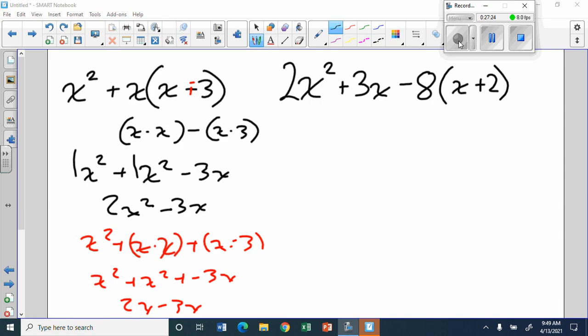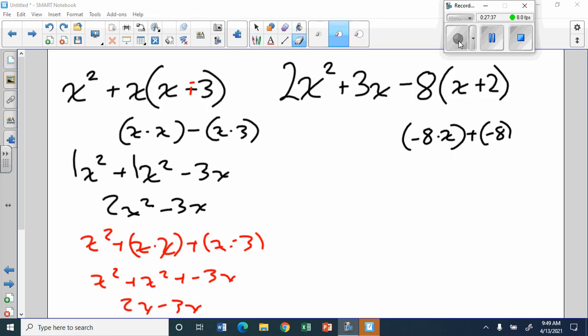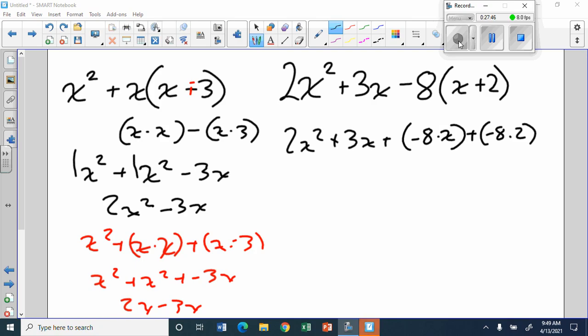So, take a look at this one. Nothing happens, nothing happens. Let's just focus on here right here. I'm distributing negative 8. So, negative 8 times x plus negative 8 times 2. All right, so then this becomes 2x squared plus 3x plus.